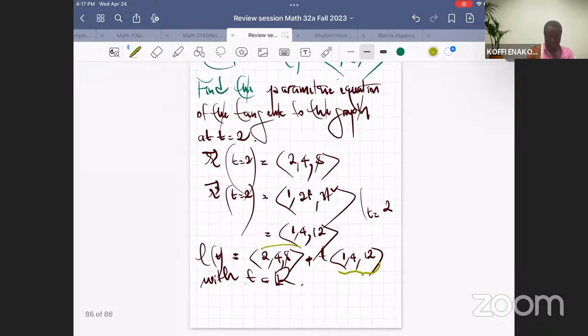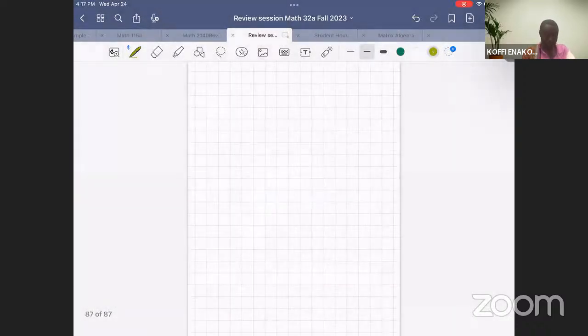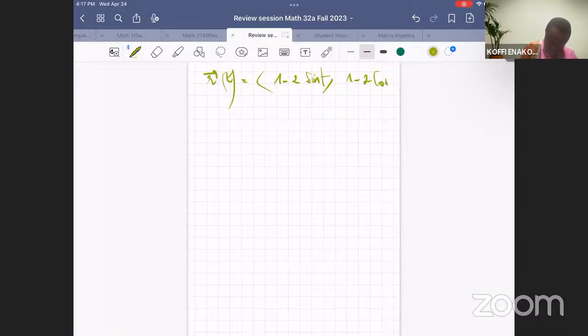All right. So let's continue. We said that a particular motion can be represented by the vector r(t), which is 1 minus 2 the sine of t, and the second component is 1 minus 2 cosine of t.